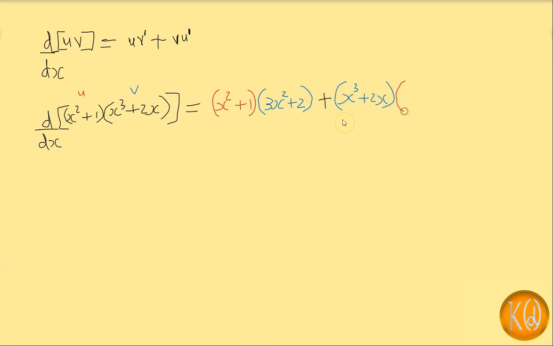Now the derivative of u, which is x squared plus 1, is simply 2x, and of course the derivative of 1 is 0, so that's just 2x. Now we could simplify the second part by distributing the 2x across the terms in the brackets, but again we do not have to do that. After we reach here, the question is finished, so you could stop here.